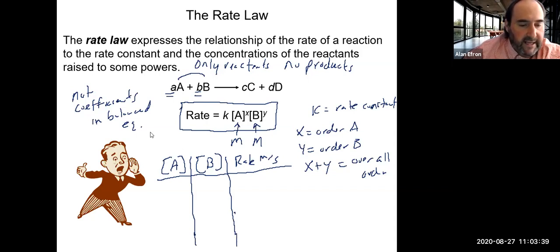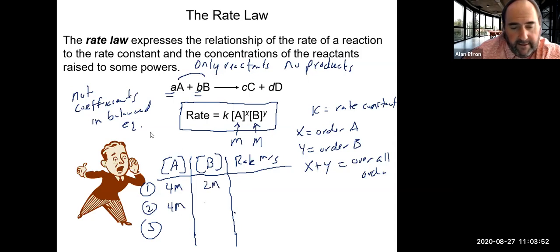You'll have this sort of table, and you'll have different experiments, like experiment 1, experiment 2, experiment 3, where say A is 4 molar here, A is 4 molar here, 2 molar, and say 4 molar here. And the rate, say, is 6, and we'll just call it 12, just to make up some numbers. And then let's see.